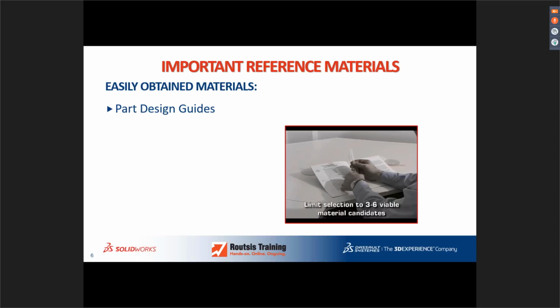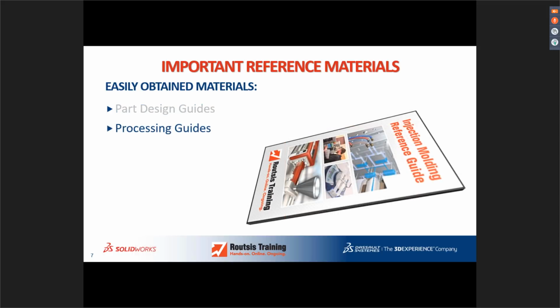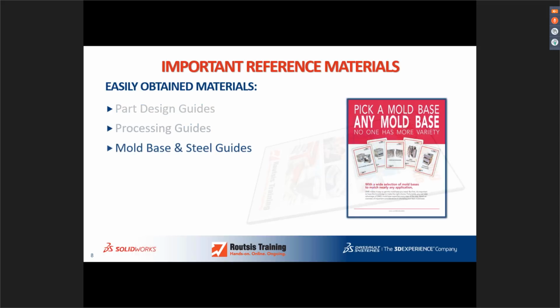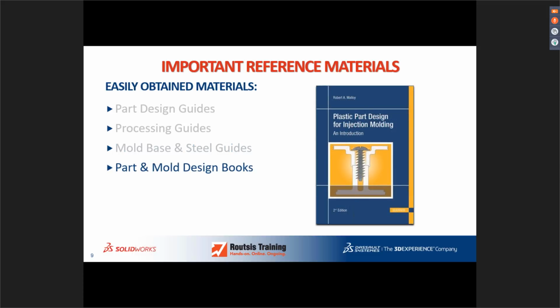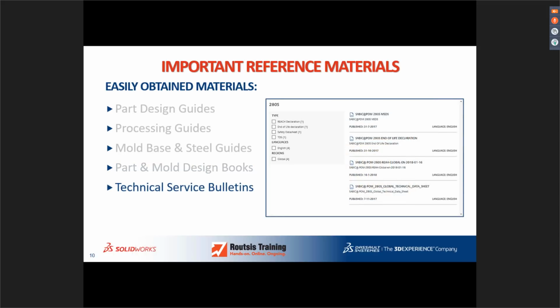Some of those are part design guides. Others are processing guides, guides on mold base and steel guides, so you understand that a little better. Part and mold design books, information on how to get those, as well as technical service bulletins. I bring up this last one in particular, technical service bulletins, because what I found is most people aren't even aware that these exist.